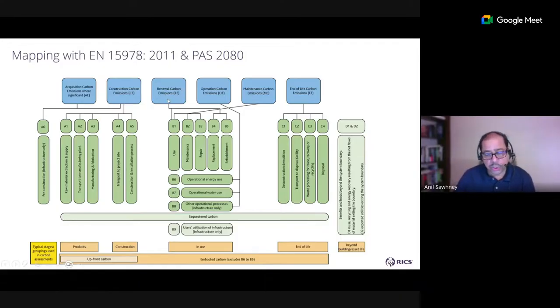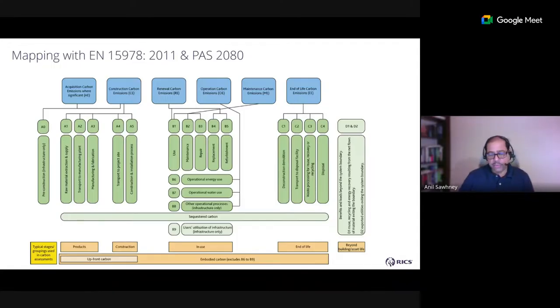The renewal emissions are connected to B1, B4, and B5. And below that, you can see the hierarchy of the groups. B6, B7, B8, which is the user carbon, generally for infrastructure, can be connected back here. And then you have the maintenance carbon emissions, which are B1, B2, B3. So use, maintenance, and repair.